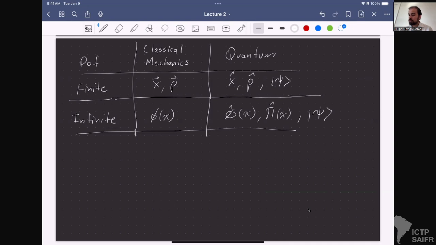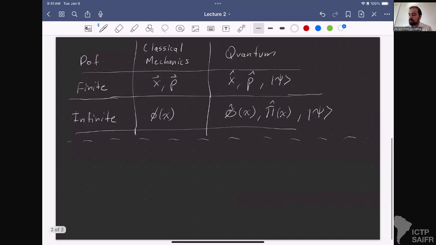Okay, so we're gonna begin by talking about the Hamiltonian formalism of classical mechanics, and then we're gonna use that for our quantum field theory version.